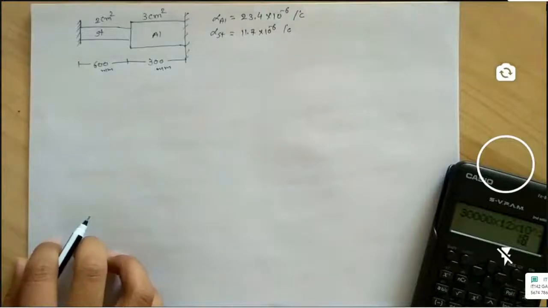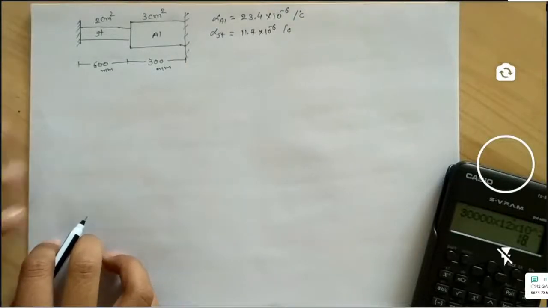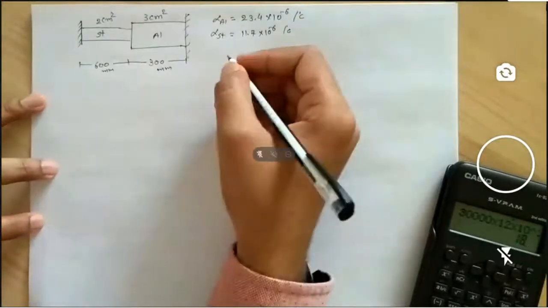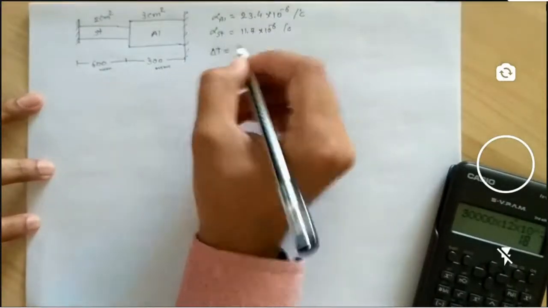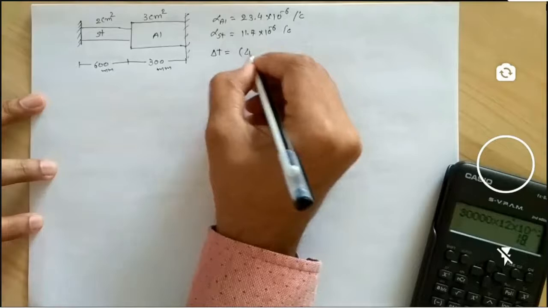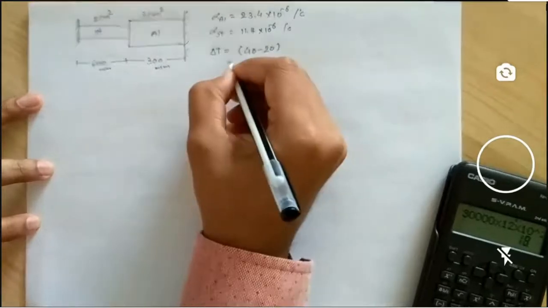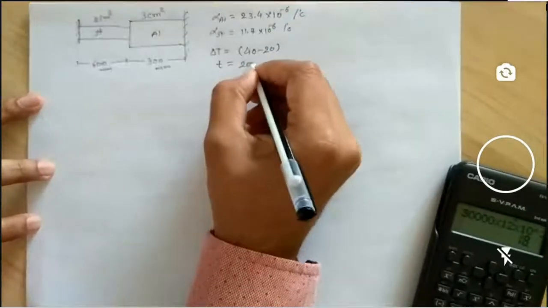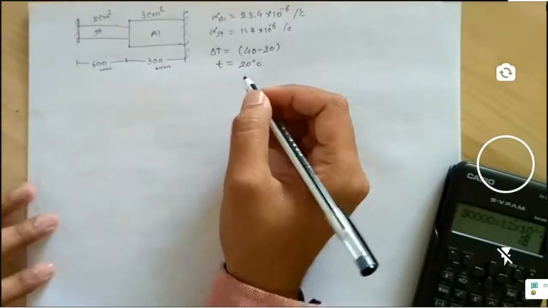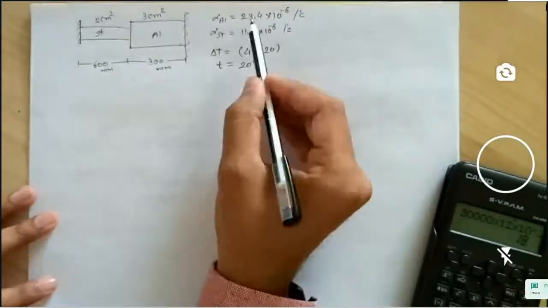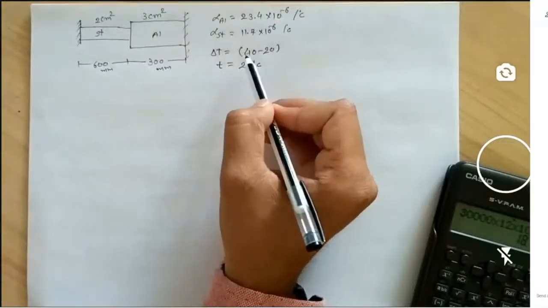Okay. First of all, the temperature drops from 40 degrees to 20 degrees. So delta T is 40 minus 20, so we get the T value as 20 degrees Celsius. The change in temperature is 20 degrees, and according to this thermal coefficient, there is a change in length.